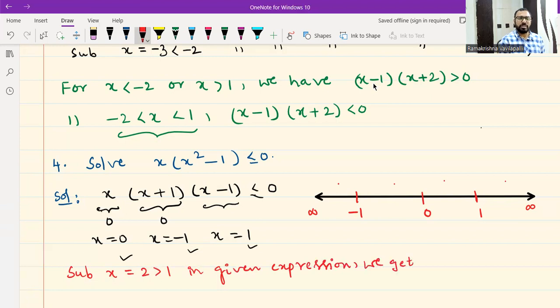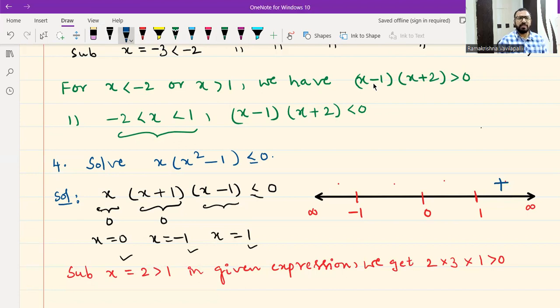Substitute x equal to 2 here. 2 into 3 into 1. It is positive. We want only the sign, whether it is positive or negative. So the expression is positive when you take x greater than 1, so keep the positive sign above the real line.